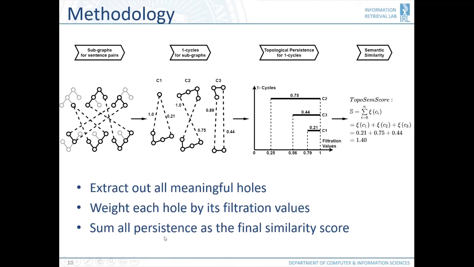Then we simply sum all the persistence as our final similarity score, summing these three barcodes, three lines. So that's how we model the document semantic comparison problem as topological graph theory.